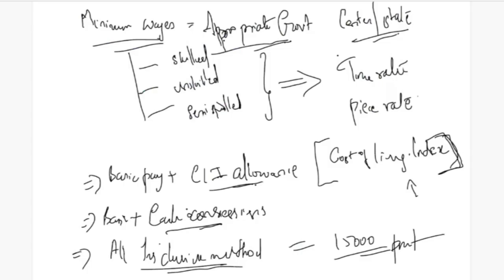You can either use it as basic pay plus cost of living allowance and then divide, or basic plus cash value of food concession, but your minimum wages is 15,000. This is an all inclusive method. The all inclusive method is the one that is generally followed. Based on the all-inclusive method, each company will adopt either basic pay plus cost of living allowance or basic plus cash concessions.